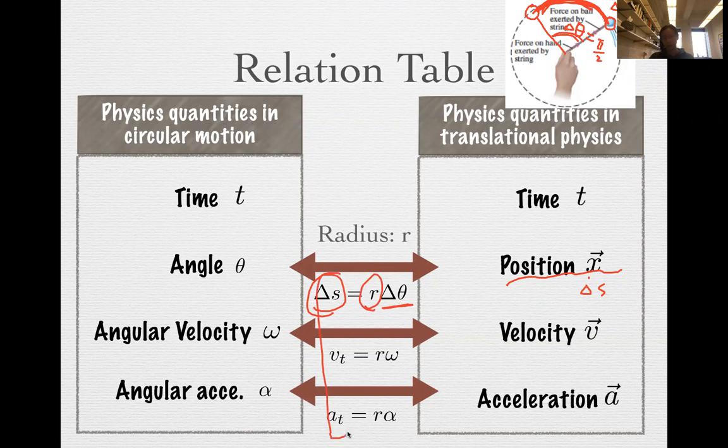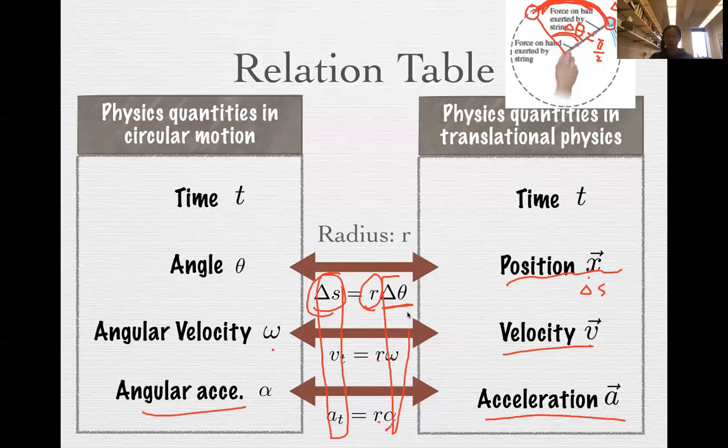If you want the linear velocity, take the angular velocity and multiply it by r. If you want the tangential acceleration, take the angular acceleration and multiply it by r. So they have a pretty close relationship.